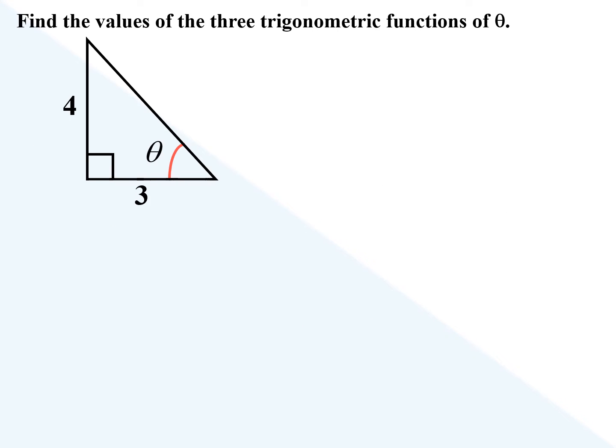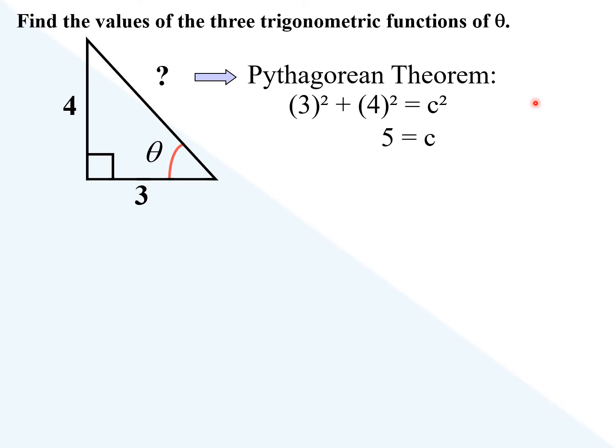Now let us find the values of the three trigonometric functions of theta. As you can see in the diagram, the hypotenuse is missing. So from here, we are going to use the Pythagorean theorem. The Pythagorean theorem states that c squared is equal to a squared plus b squared.